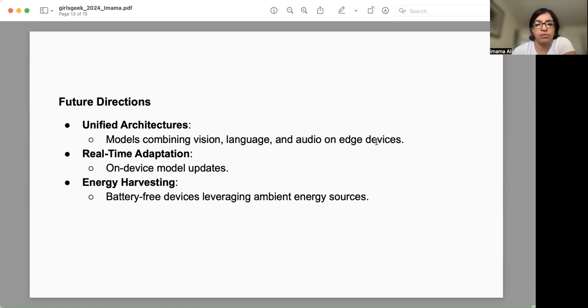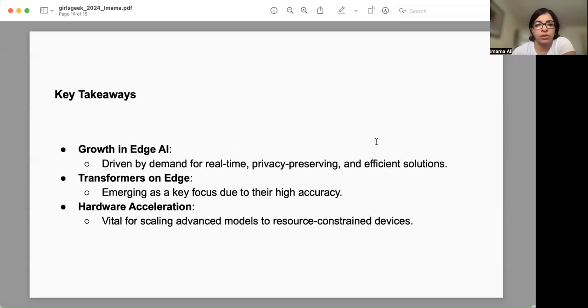These devices have to run and infer in real time. And also, it can use different energy resources from the environment to gather energy and not use the batteries. So these are a few of the future trends that are coming up in edge devices.